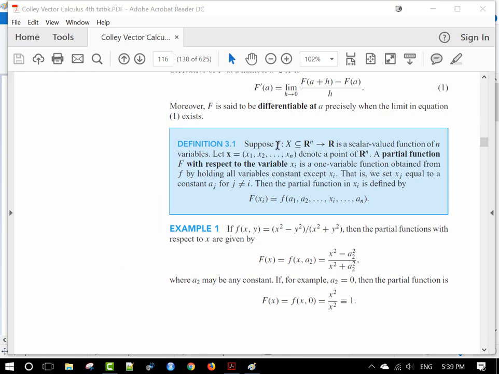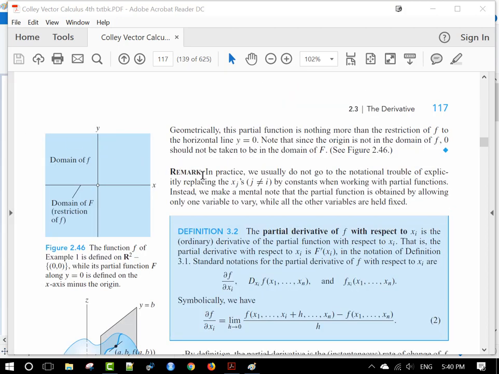We start with a multivariate function on Rn, but we break it up into these partial functions where we only have one input variable. So then, at least for these partial functions, we can easily talk about their derivatives. Right? It's really just a function of one variable, so we can just use the normal concept of derivative.